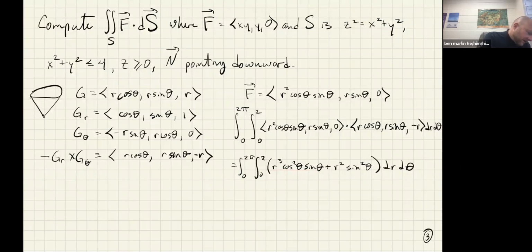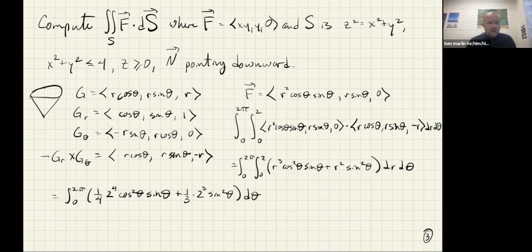So when you integrate that with respect to r, you will end up with a 1/4, and then the r to the 4th, so you end up with a 2 to the 4th cosine squared theta sine theta plus 1/3 r cubed, so 2 cubed sine squared theta, and then a d theta, because we're going to subtract a 0 in there.